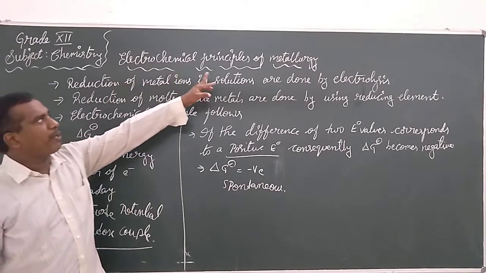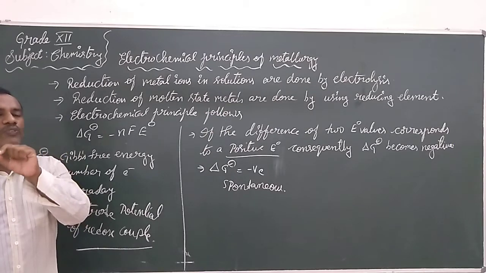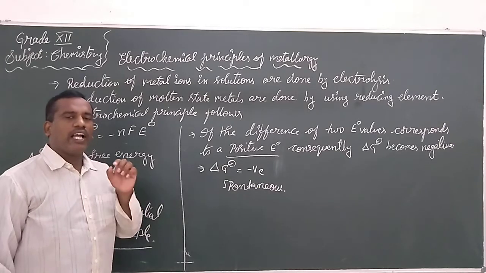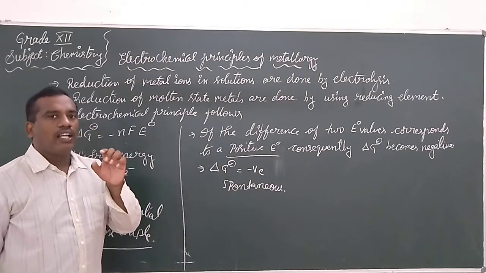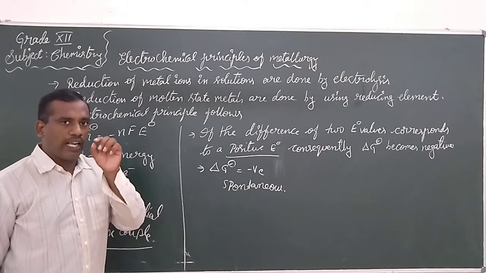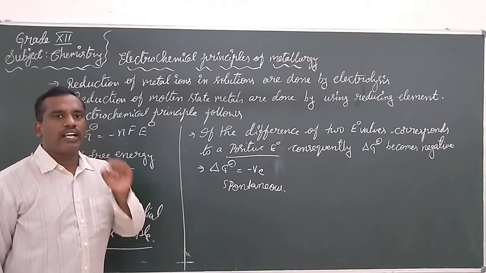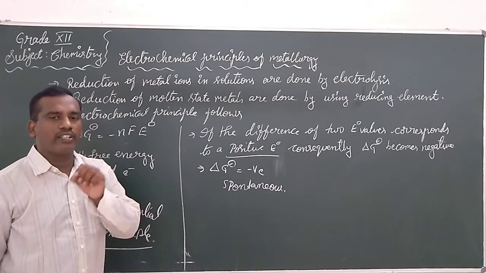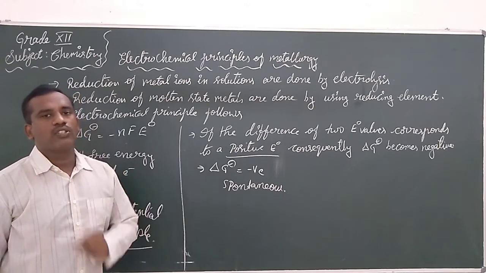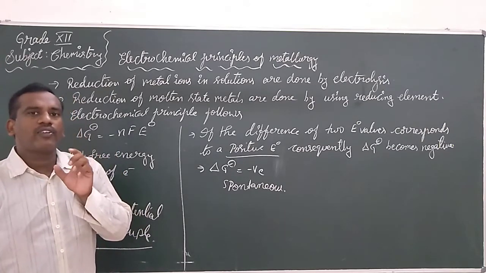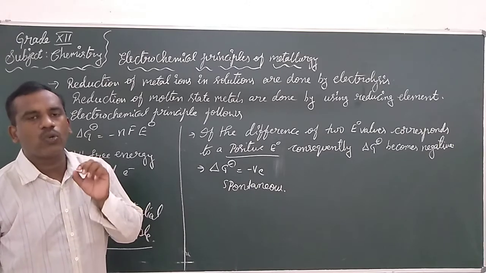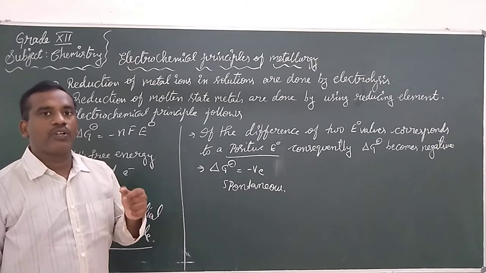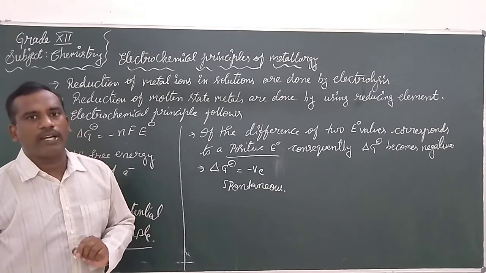So in these electrochemical principles, two points we need to study in detail again. If you are using a solution where the electrolyte is dissolved in water, it is called the electrolytic solution. That electrolytic solution needs to undergo electrolysis to get our metal.